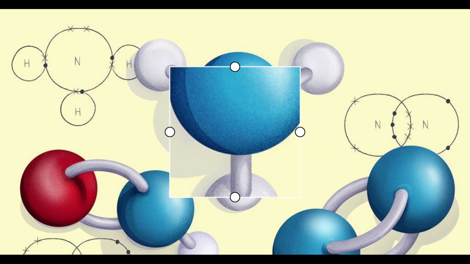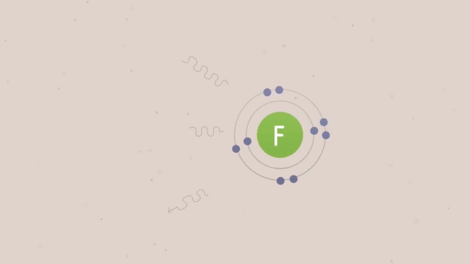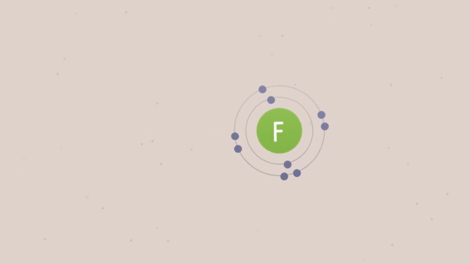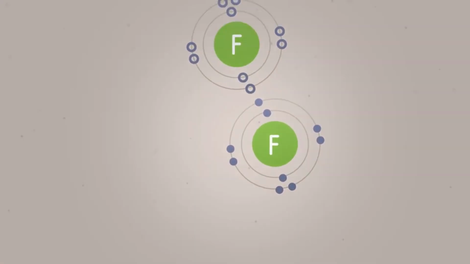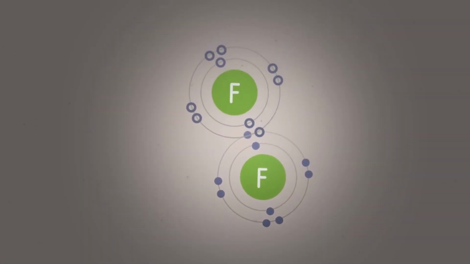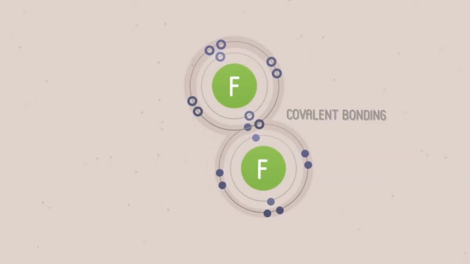Since they have a strong attraction for a few additional electrons, it is energetically unfavorable for them to lose electrons. They instead share electrons by overlapping orbitals, which makes a bonding orbital, or covalent bond.